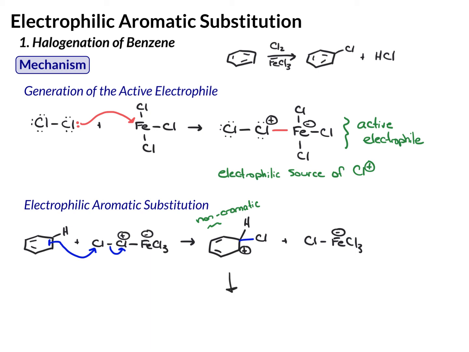The chlorine from this iron tetrachloride, it wants to lose that to give back the neutral iron. So that Cl, the electrons in this bond, those will come out of the iron over here to the hydrogen. We'll take the hydrogen from the ring, and then those electrons will fall down to give you the pi bond.